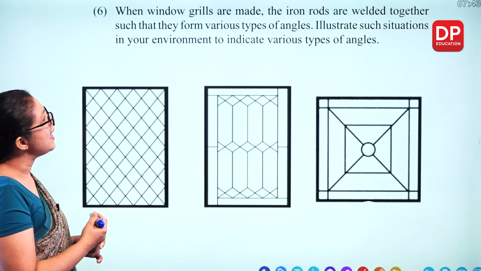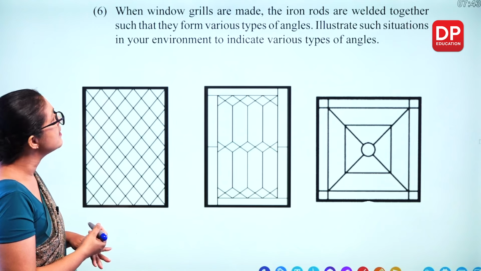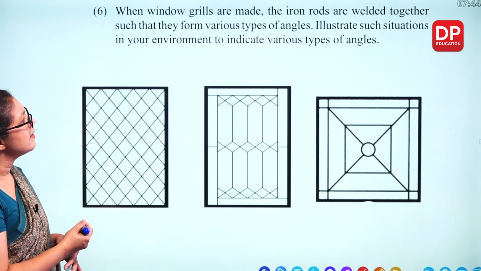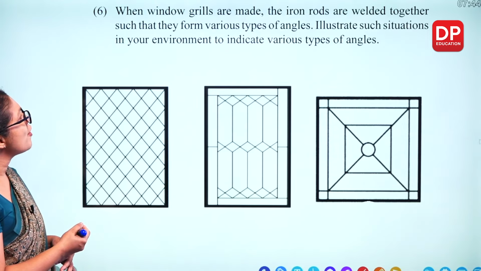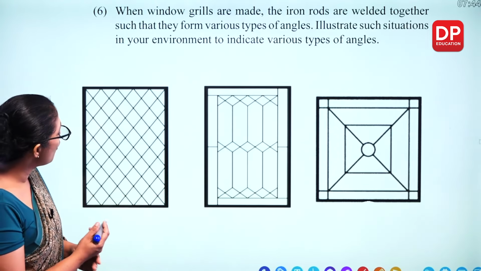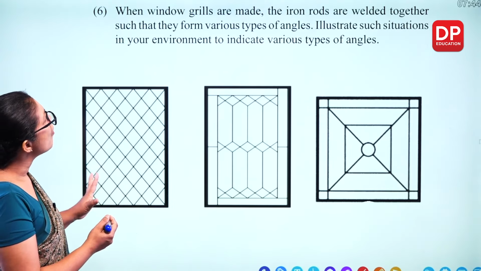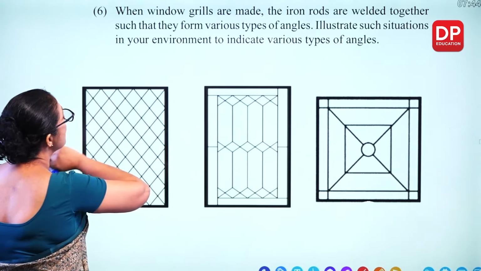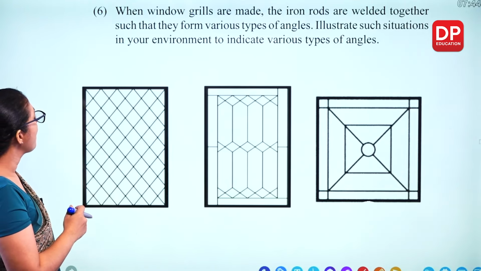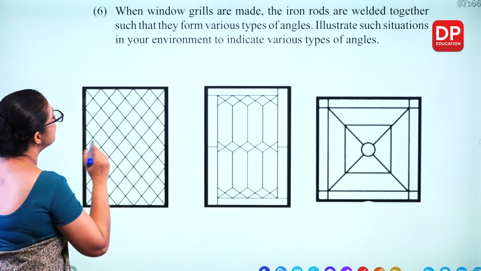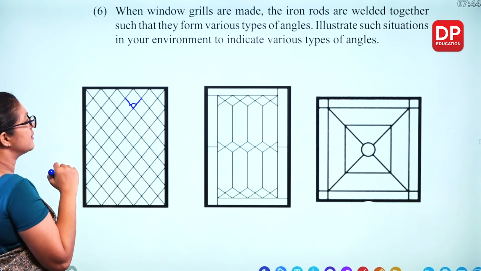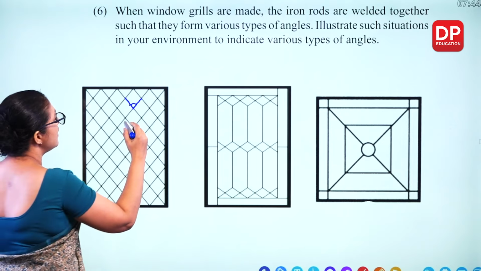When window grills are made, the iron rods are welded together such that they form various types of angles. Illustrate such situations in your environment to indicate various types of angles. So there are three types of windows, iron rods. These are grills in a window. So identify. I can see this and this makes an acute angle.